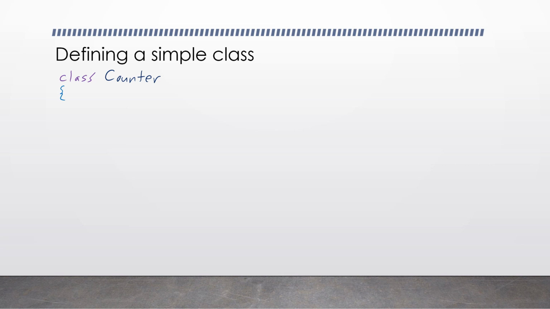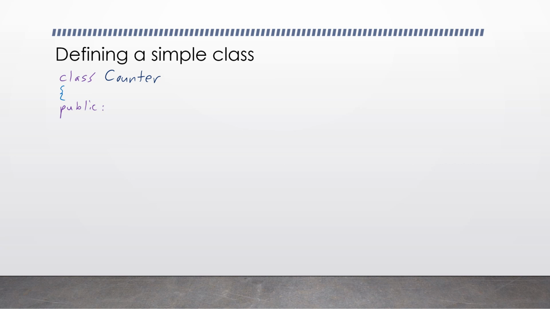Then we use the keyword public to define the parts of our class that are accessible to people outside that object. And this is where C++ has a major difference from Java and C#, in that in those two languages, each variable and function, method, whatever you want to call them, that you define for this class gets its own public or private identifier.